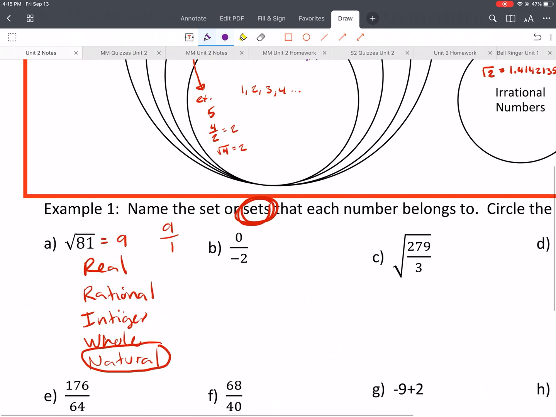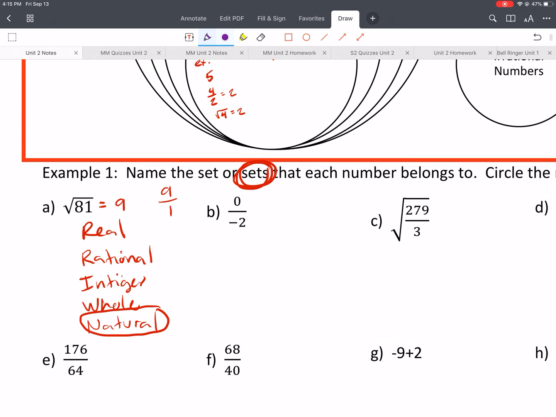So if you wanted to, rather than writing everything down, you could just write down R, Q, Z, W, and then N, and then you would circle that. And it doesn't have to be a column, it can be a row, either way.